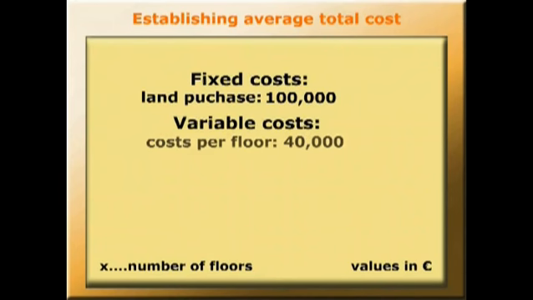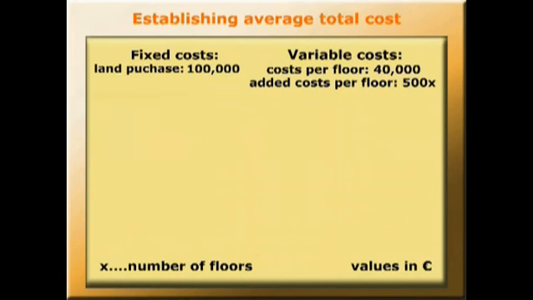We have 40,000 euros per floor plus 500x euros per floor, reflecting the added costs associated with deeper foundations, different materials and so on as we make the building taller.